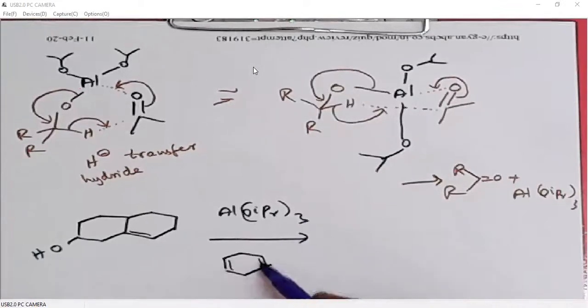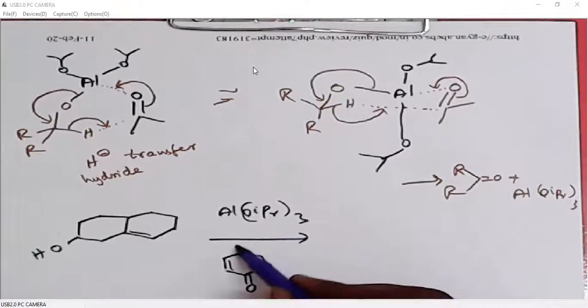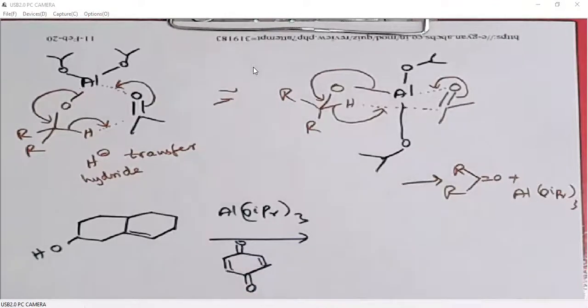Generally, most of the time we use acetone as the ketone, but sometimes we can also use benzoquinone. This is benzoquinone, right? We need a ketone, so we can use acetone. Most of the time it is better to use. I think not this one. Okay, sorry. In the next example, it is benzene, not this.